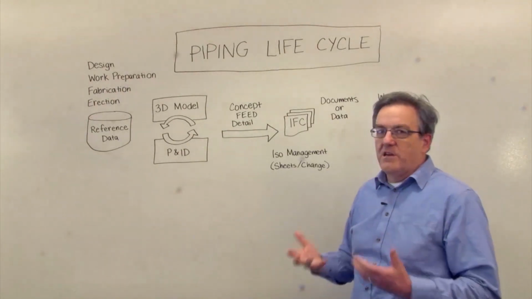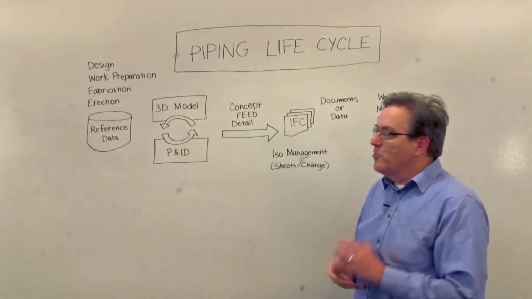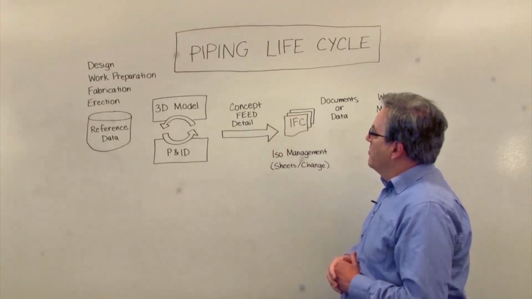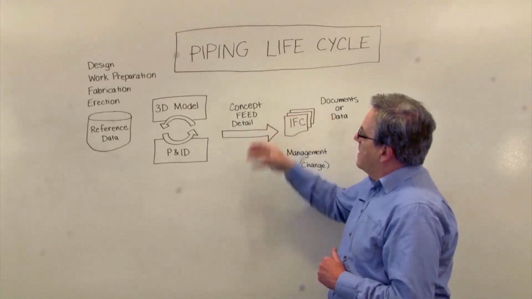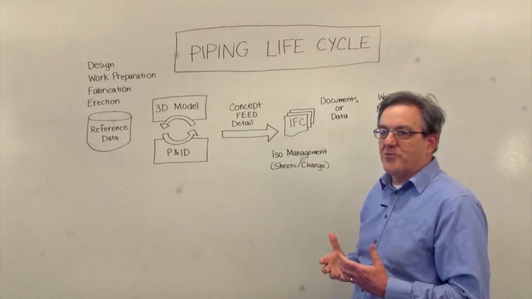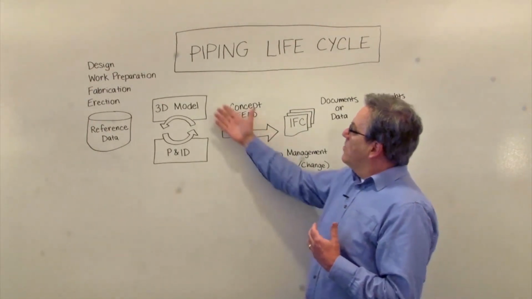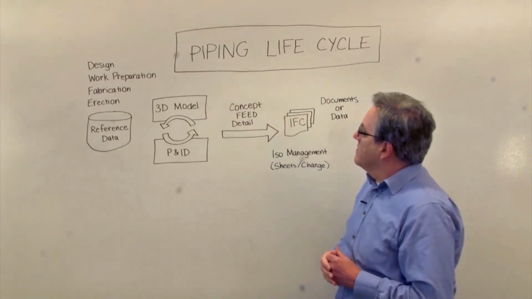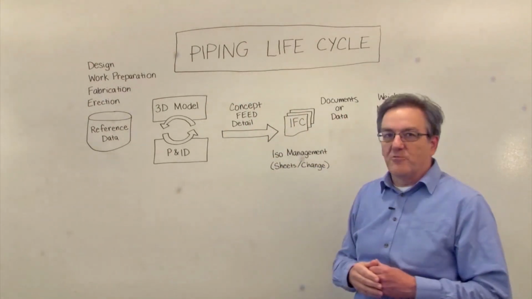We might do a FEED, a preliminary design study, which is more detailed. And eventually we get to the point where we want to have sufficient detail in the 3D model to drive the fabrication processes, because we need to turn this 3D model into a physical plant.